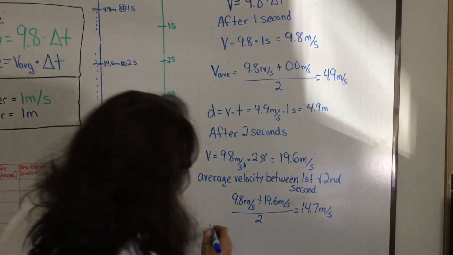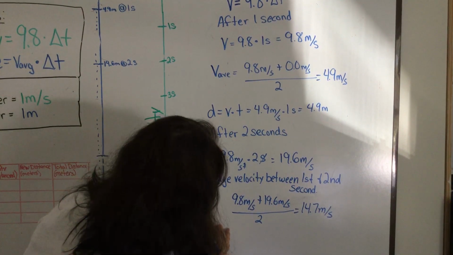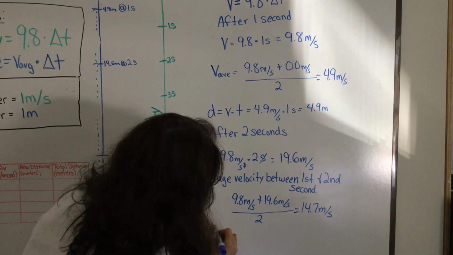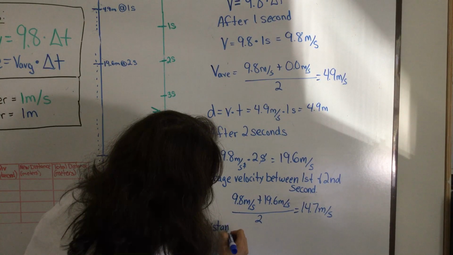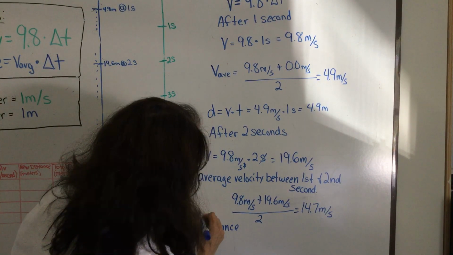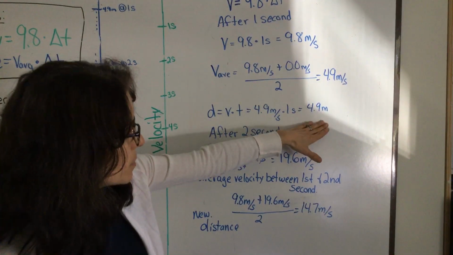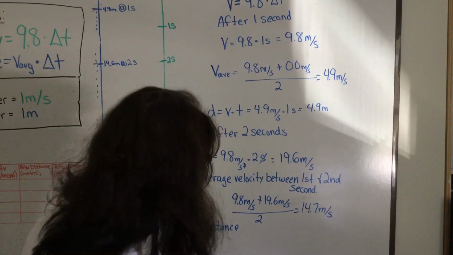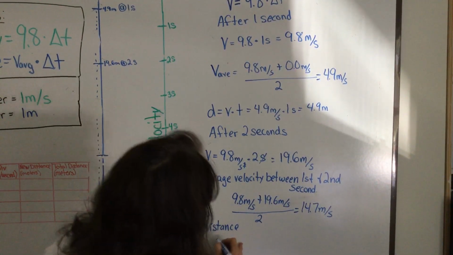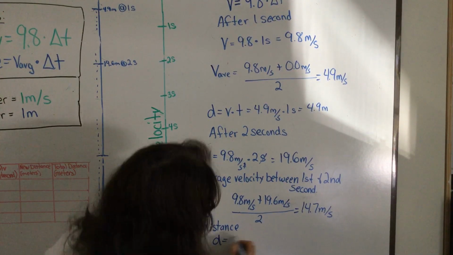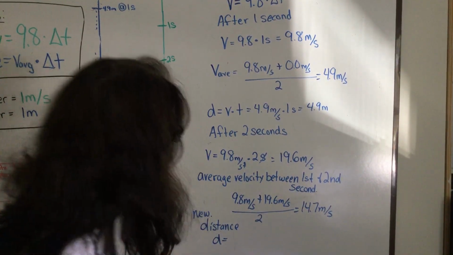How far does it go between seconds 1 and 2? Distance. I'm going to call that the new distance, because the object already fell 4.9 meters. How far does it go in the new distance? Well, the distance equals the average velocity times the time.